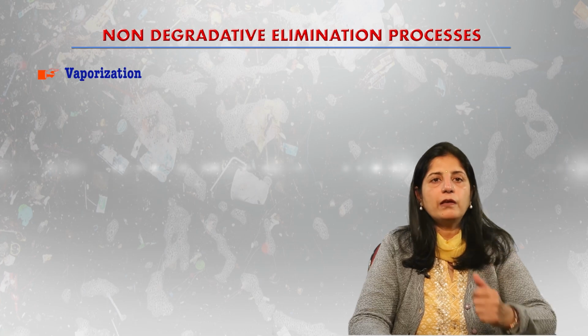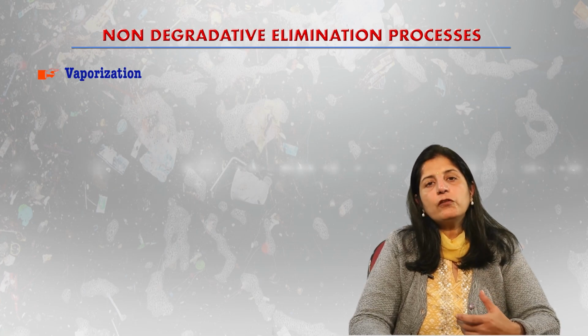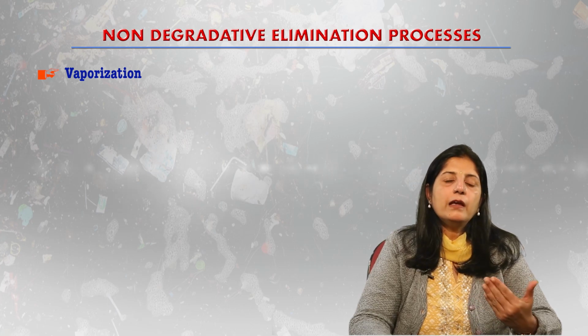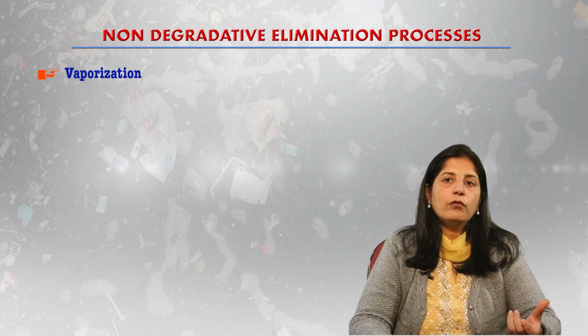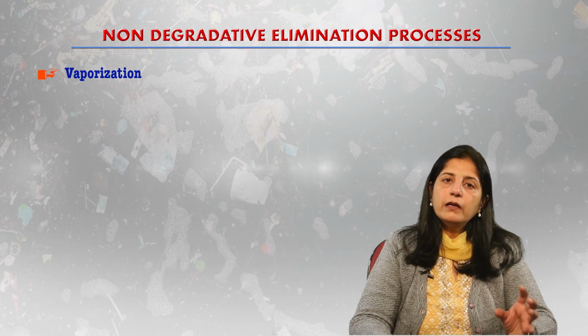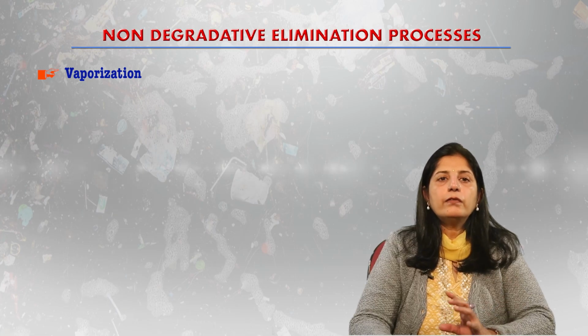For example, vaporization. If the vapor pressure of a pollutant is very high, what will happen? It will evaporate from soil or water, and then it will stick to the dust particles in the air. And it will be taken to new territories, resulting in distribution.